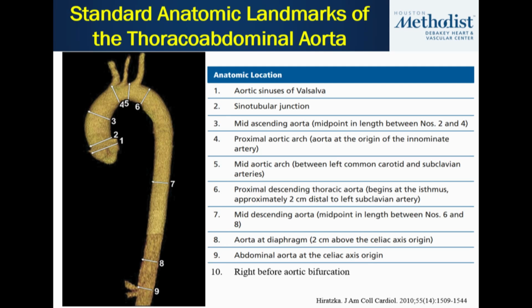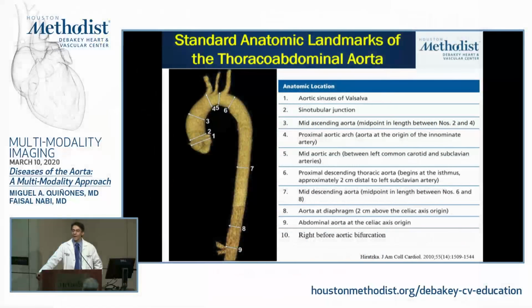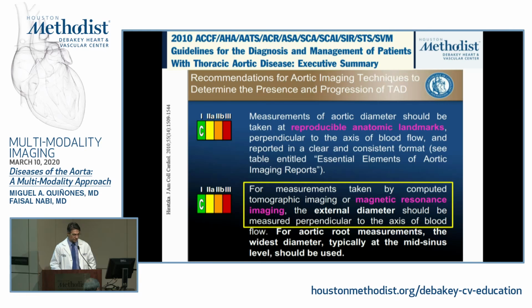This is followed by a mid-descending aorta, number 7, and finally another distal descending aortic measurement right before the aorta at the level of the diaphragm. And then you have your abdominal aortic measurements. So if you have a patient who comes in through the lab for monitoring of the aorta, one of the important points I want to stress is we should know where we need to make our measurements.